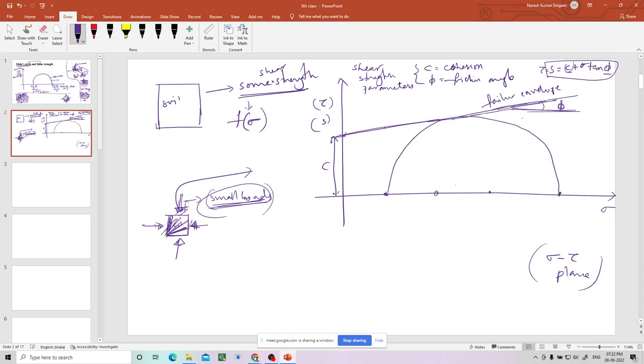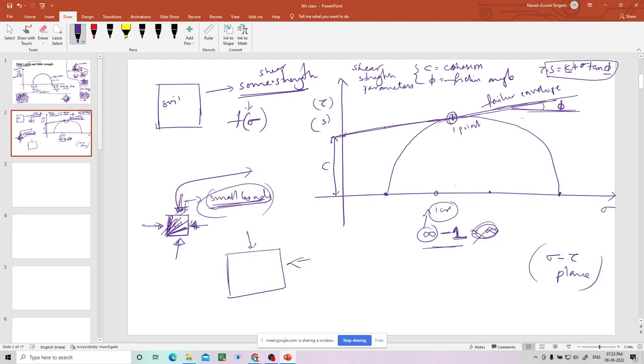There are infinite points on this circle, but for the time being, let us say it is a particular number, 1 crore points on this circle. 1 crore minus 1 points are not touching this, because it touches only at one point. Remaining all points are well below the failure envelope. That one point represents one plane.